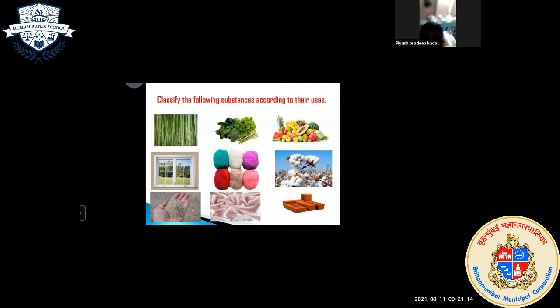Now students, here some pictures are given of substances. So classify the following substances according to their use. Now first tell me, what do you see? What pictures can you see here?